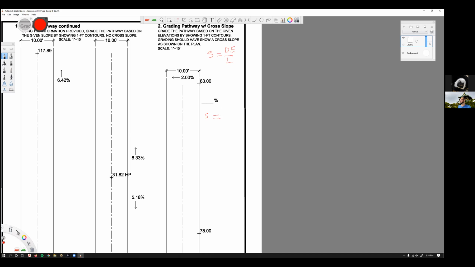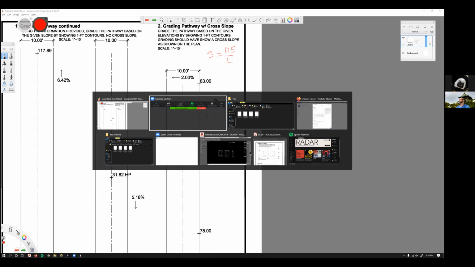Oh, pen. Might have to switch to my laptop here if this pen keeps acting up. And to figure out our length, we have to actually physically measure with our scale ruler the distance between these 2 points. So we need it printed out.